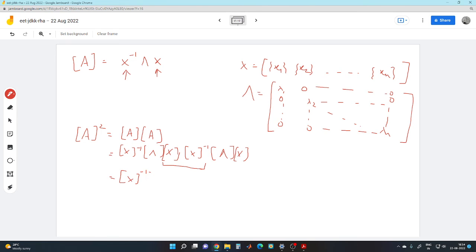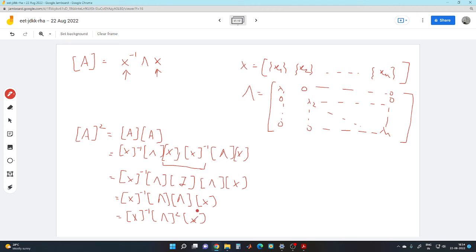So X inverse lambda lambda X, and this will finally result in X inverse lambda square X. Similarly, you can do this for any A raised to power n.